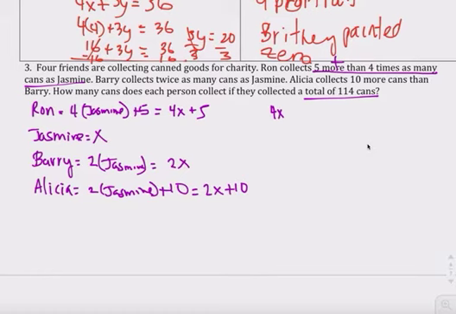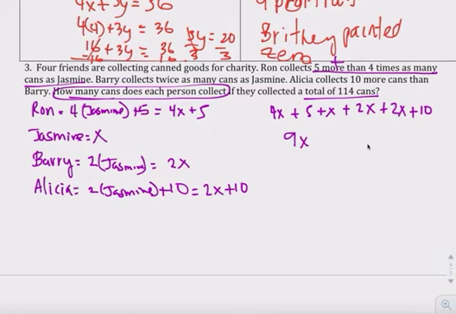So 4x plus 5 plus x plus 2x plus 2x plus 10. 9x plus 15 equals 114.